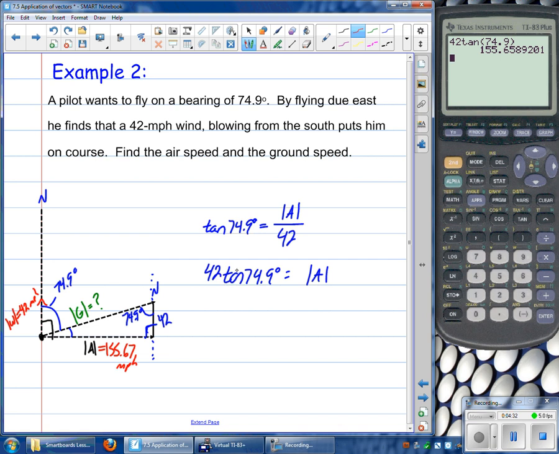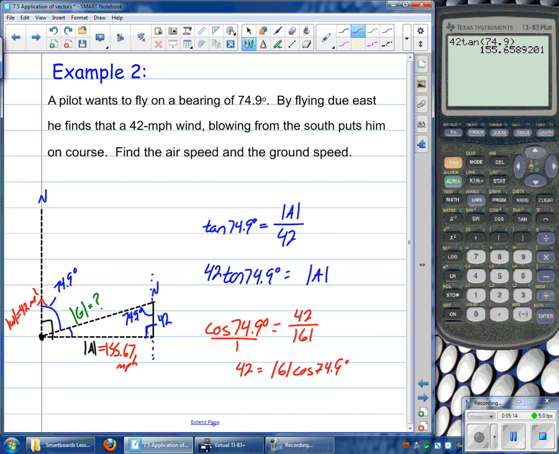Now the ground speed vector, we'll use the same given information, but this one we want the hypotenuse, and we know the adjacent side from our 74.9 degree angle, which sounds like cosine. So cosine of 74.9 degrees is equal to adjacent, 42, over hypotenuse, our unknown ground speed vector. So we multiply both sides by the magnitude of g, or cross multiply, and get 42 equals magnitude of G times cosine of 74.9 degrees.